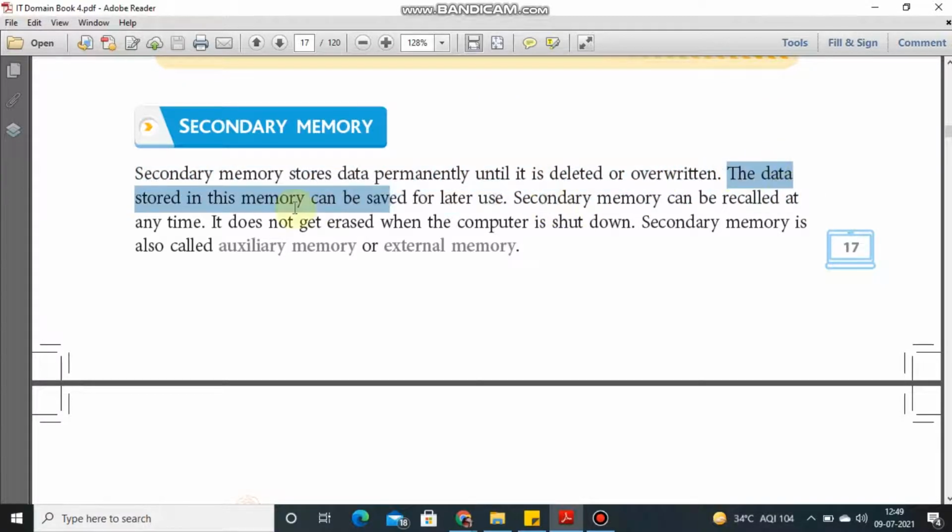The data stored in this memory can be saved for later use. We can save it for later use. Secondary memory can be recalled at any time. हम सेकेंडरी मेमोरी से डेटा कभी भी ले सकते हैं, whenever we want. It does not get erased when the computer is shut down. कंप्यूटर शट डाउन होने पर भी सेकेंडरी मेमोरी से डेटा डिलीट नहीं होता है.